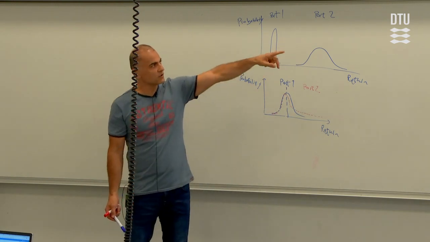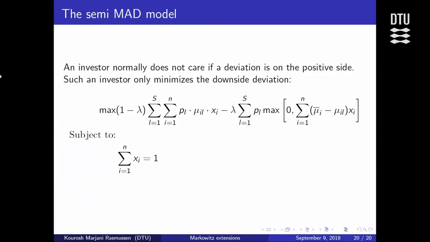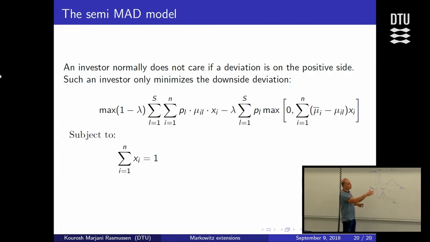For those values, we want to have a positive number. For everything else, if mu bar was smaller than mu_il, we would get negative numbers, and those are the cases where we're on the right of the average. Those scenarios have greater returns than the average, so average minus those numbers would be negative. The maximum of 0 and something negative is 0.